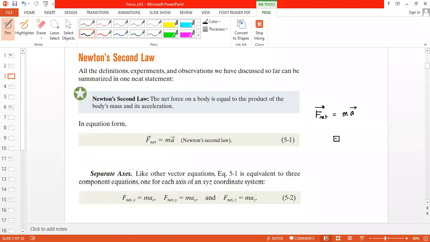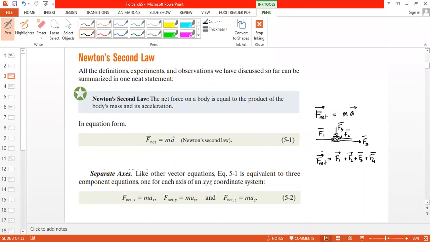For example, this is an object, and maybe 4 forces are acting on it: F1, F2, F3, and F4. So the net force F net is the vector sum of all the forces, that is F1 plus F2 plus F3 plus F4 in this case. So ma is equal to the sum of all the forces acting on the particle.